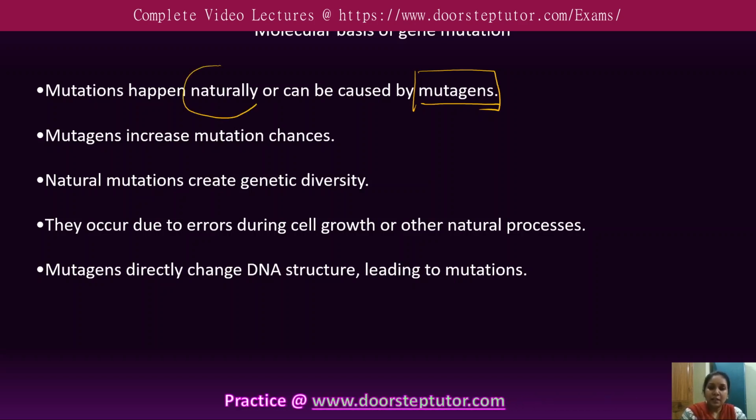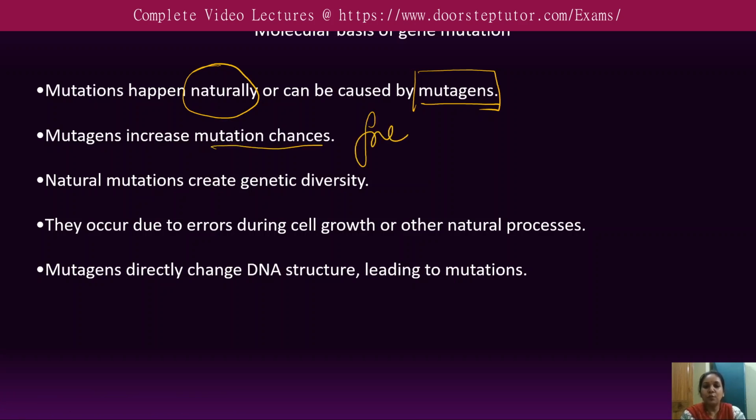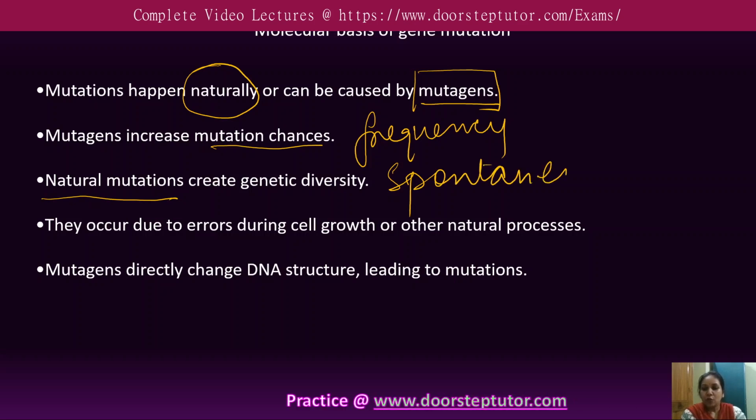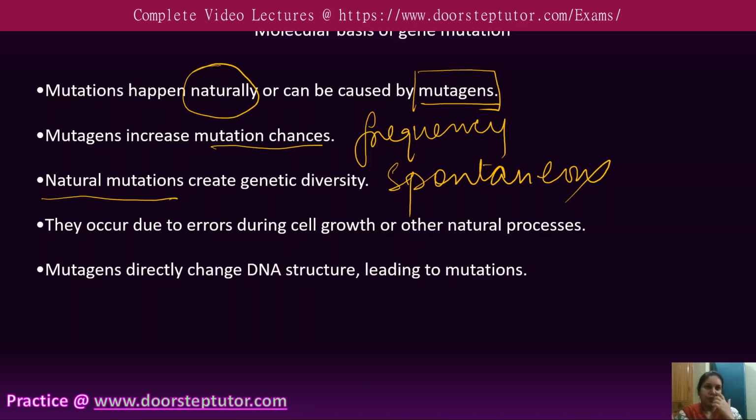So mutations can occur either naturally or be induced with the help of a mutagen. A mutagen increases the frequency of mutation. Natural or spontaneous mutations account for the background rate of mutations and thus contribute to genetic diversity.